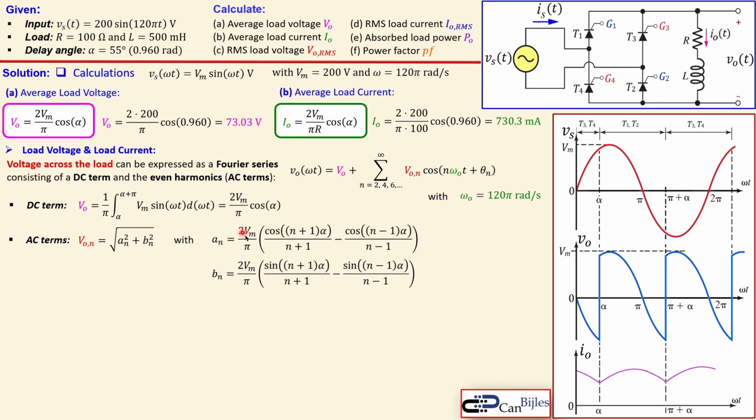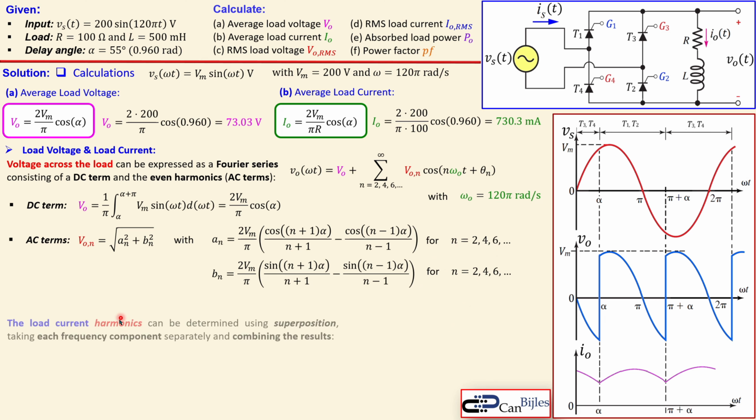We also need the amplitude Vm from our source voltage. Now we literally go one by one, so we substitute n is 2, n is 4, n is 6, also do that for B, and then use this formula to calculate the associated AC terms for this situation. Again, this is only valid for the even harmonics, n is 2, 4, 6, etc.